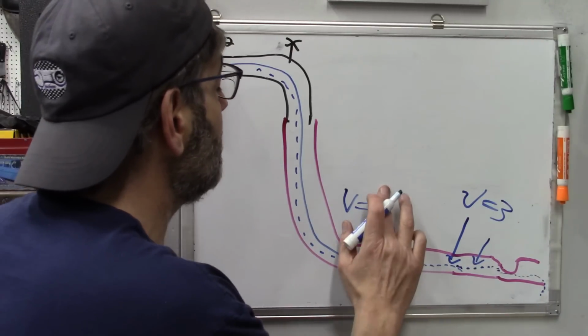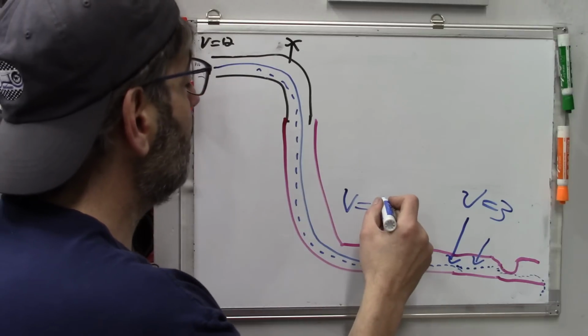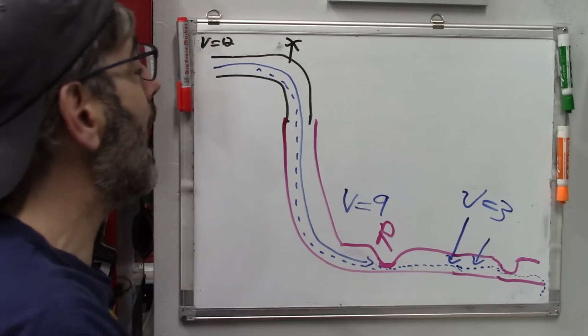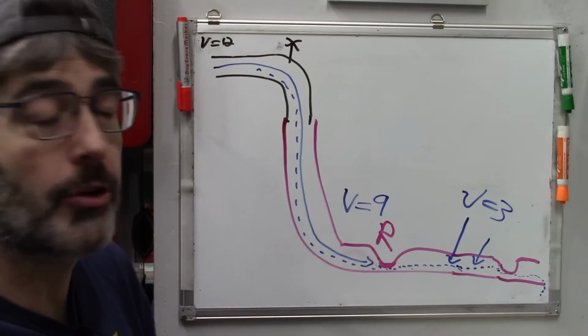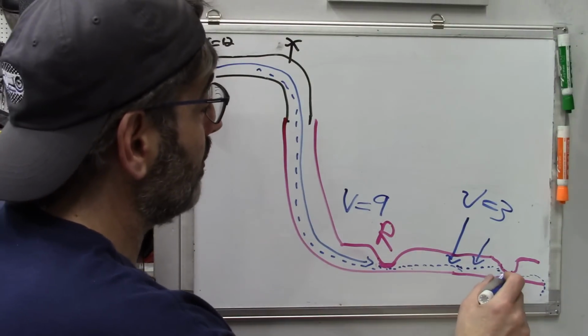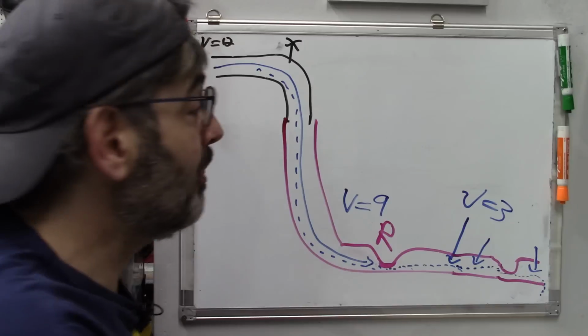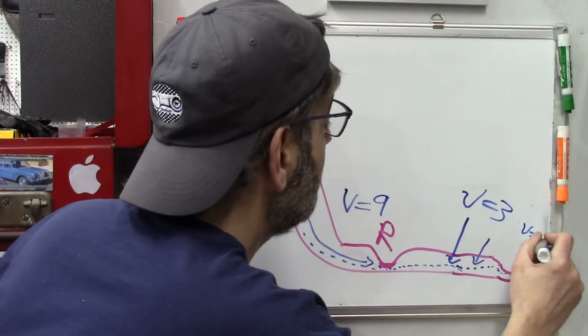So if that voltage is 3, that means this one here is going to have to be 9 so that it adds up to our original source 12. But after this last resistance, what is our voltage here at this point? It's going to be 0.